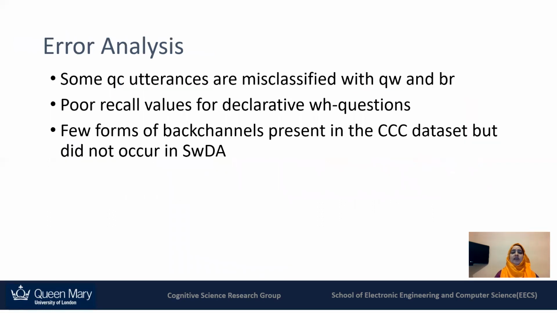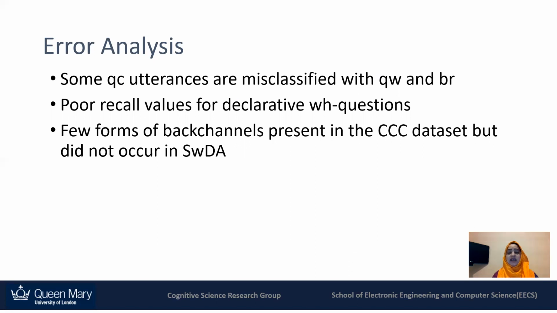After performing some error analysis, we observed that some QC utterances are misclassified with QW and BR tags, like "doing what" is somehow predicted with the QW tags.